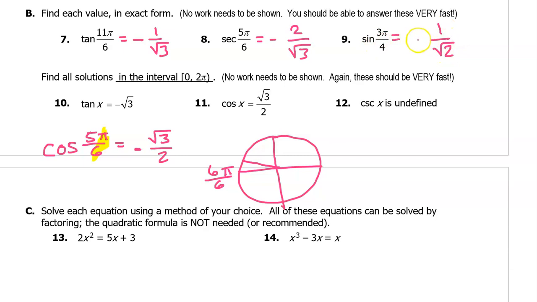It's just a matter of will this be negative or not. 3 pi over 4 is going to be in the second quadrant, because pi can be thought of as 4 pi over 4, so 3 pi over 4 is going to be before that. Sine is a y value, and y values are positive in the second quadrant. So that will be the answer right there.